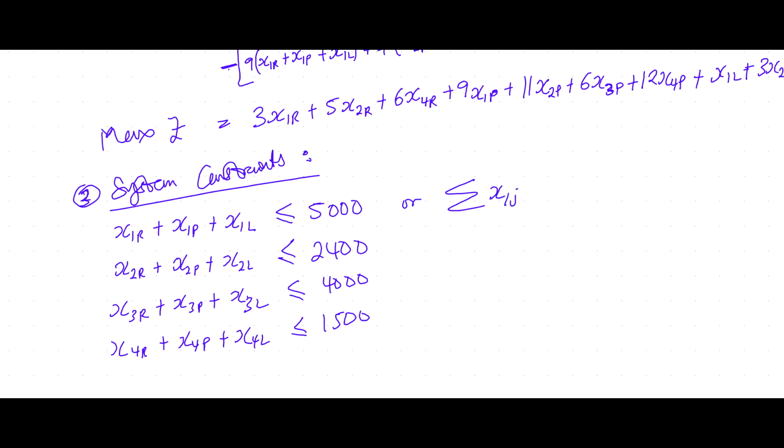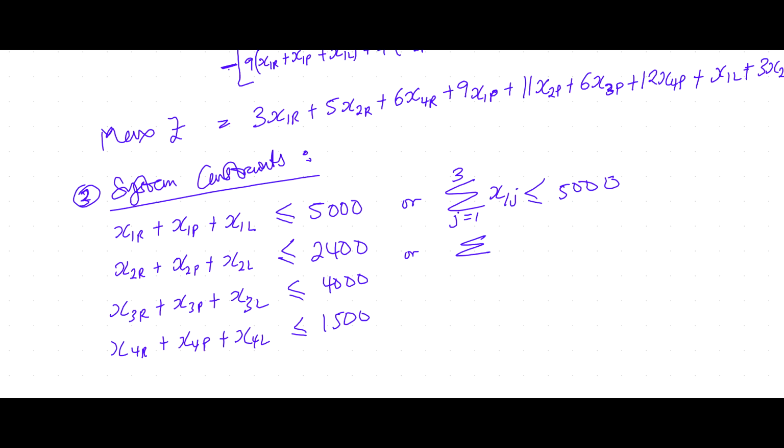So XIJ, where J is moving from 1 to how many do we have? We have 3. Regular, premium, low lead. So J is moving from that to that and is less than or equal to 5,000. The same can apply to this. So we have the summation here.